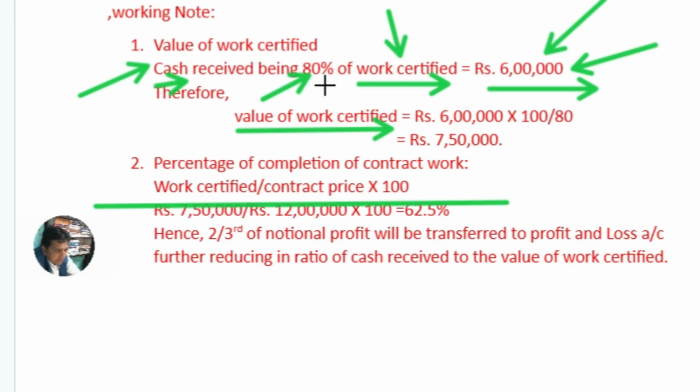In this case 80%. If it is 90%, then you write 100 by 90. But remember, it will be 100 by 90 to find out the total value of work certified. When we multiply, the result obtained is 7,50,000. Then if you calculate 80% of 7,50,000, the value obtained is 6 lakh.